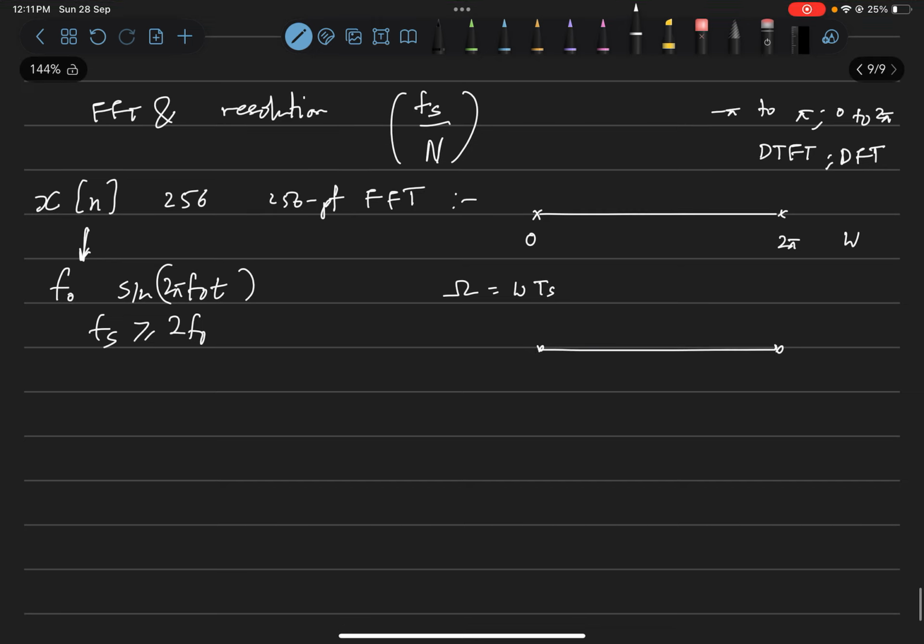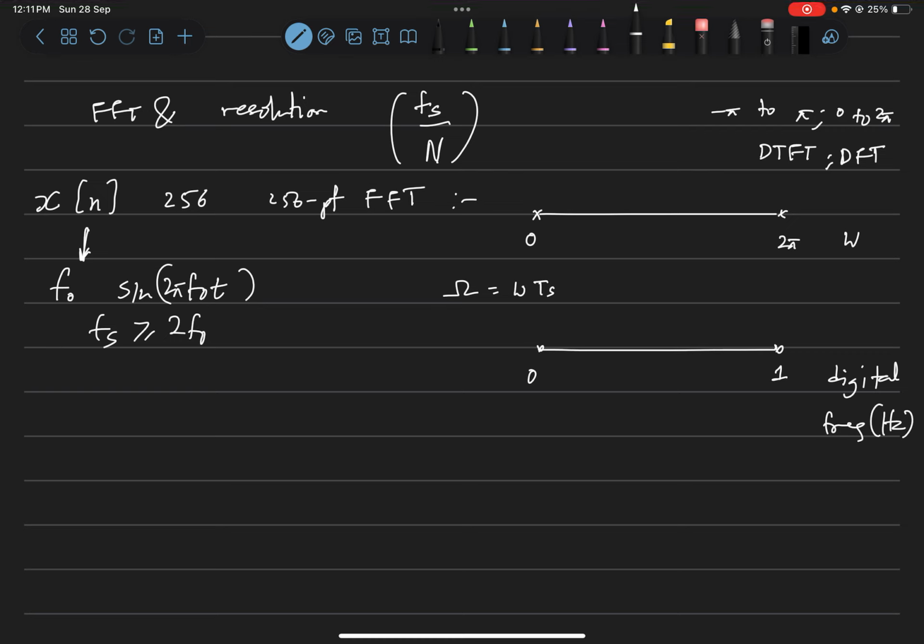If we find the digital frequency in hertz, it will vary from 0 to 1 hertz, because it is omega by 2 pi.